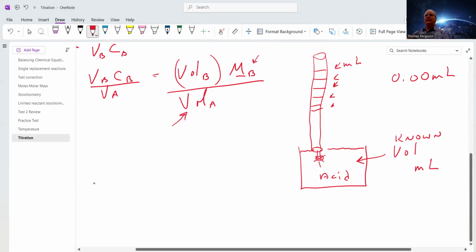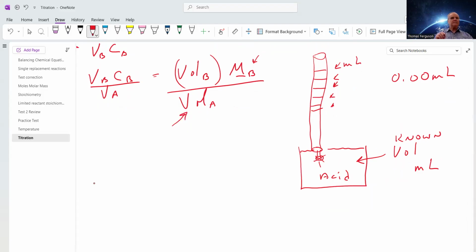Now, when you get into 1A or 2A, they might give you a diprotic acid instead of a monoprotic acid. So you always have to go back to the equation. What is the chemical equation of what you're working with?